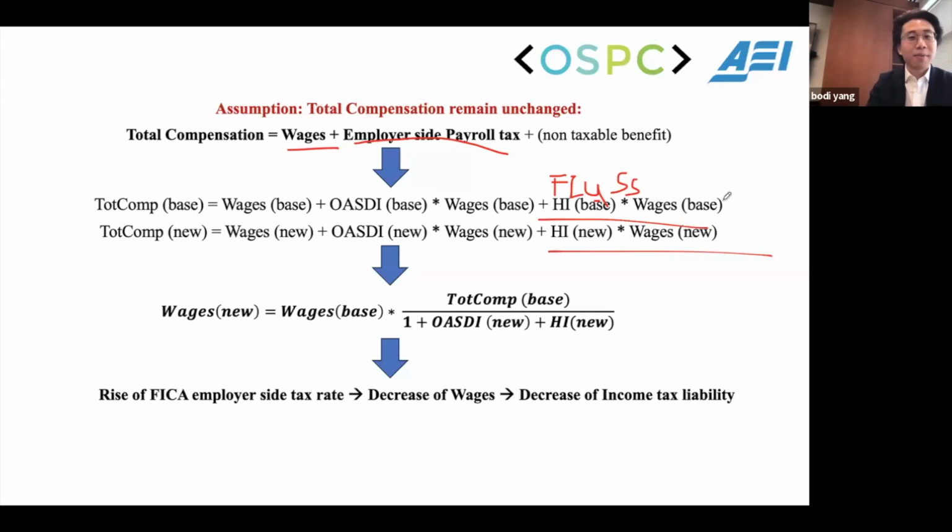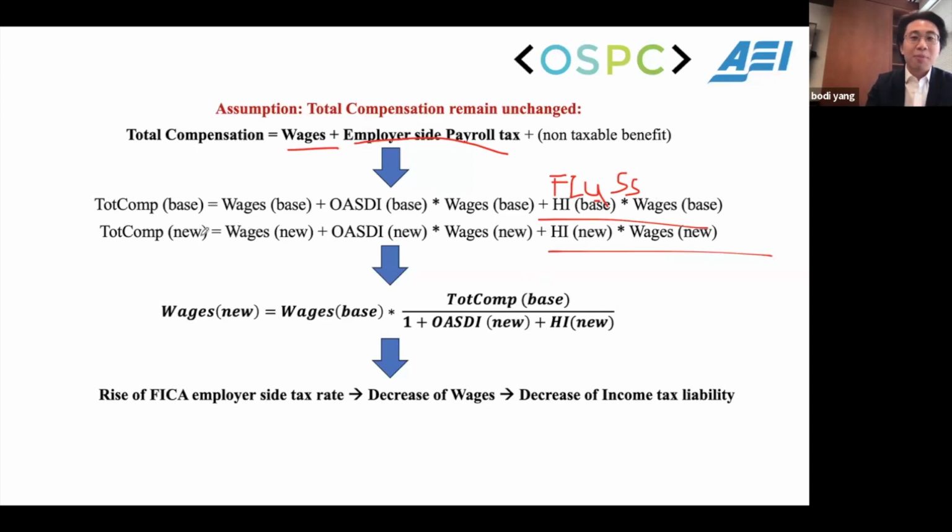And the Medicare part is the Medicare tax rate times wages. So 6.2% from the Social Security part on the employer side and 1.45% from the employer side on the Medicare side.